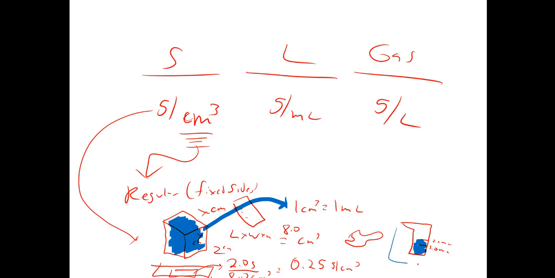Now, I am going to have to weigh both the graduated cylinder and the liquid, and then subtract out the weight of the graduated cylinder in order to figure out the weight of the liquid. But just hypothetically, for a liquid, I could have something that says 4.0 grams, and then using the volume, it could be 2.0 mils, and then I have a liquid density of 2.0 grams per mil.